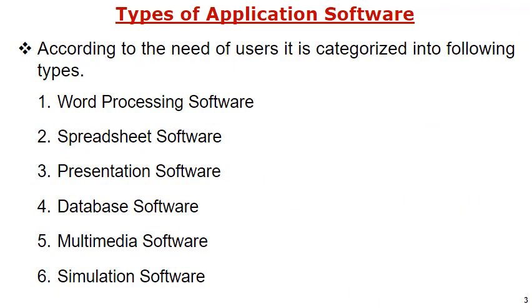After the introduction of application software, we are now going to see how application software is categorized. There are six basic categories according to purpose. First is word processing software. In this type of software, words are processed, manipulated and arranged to create a paragraph, an article, a research paper, or a book.